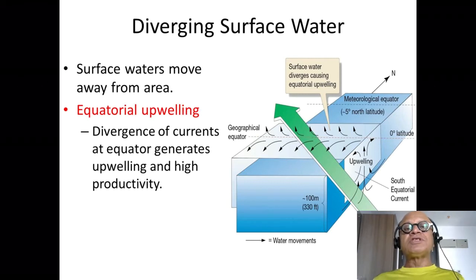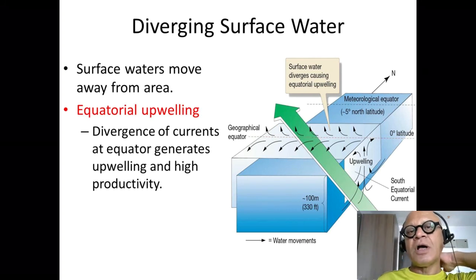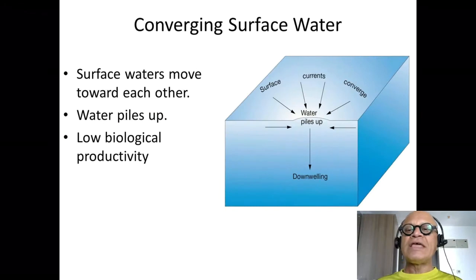Obviously, we'll see that this can also happen at the coast. Anytime you create a divergence or a convergence, you create upwelling or downwelling. So this trade wind driven upwelling on the equator is obviously called equatorial upwelling.